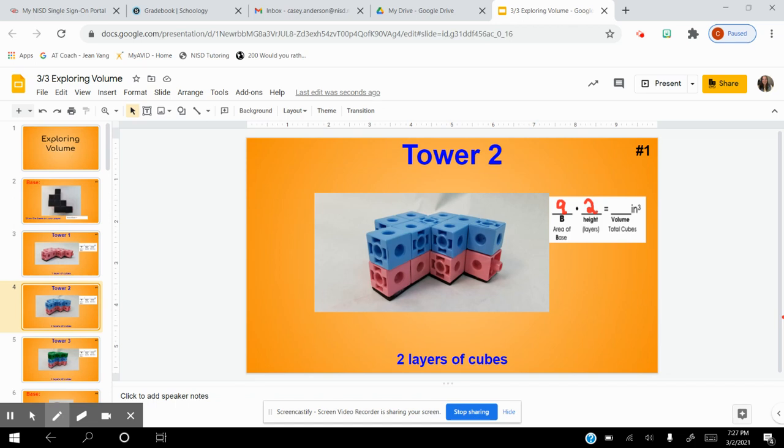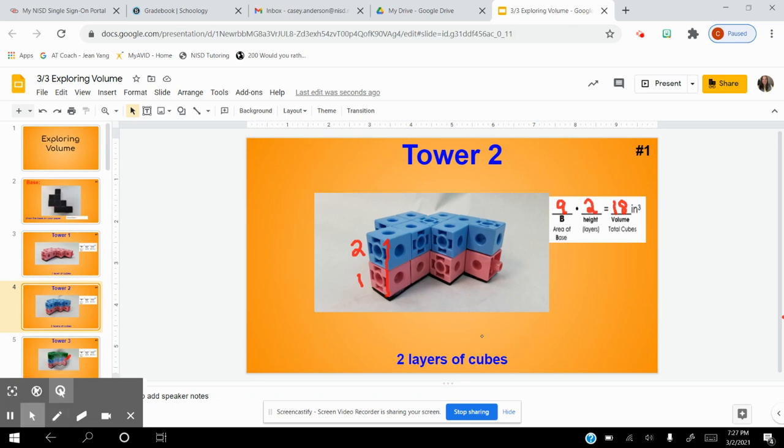If you were to break that down and crumble it apart, you would see 9 plus an additional 9. There would be 18 total cubes. So 9 times 2 is 18. So the volume of this when it's stacked with 2 layers is 18. We have this pink base and the second layer, the other base, connected to it with the height right here of 2.